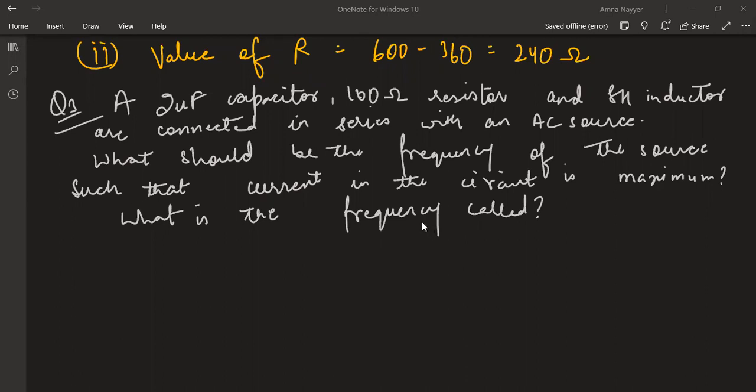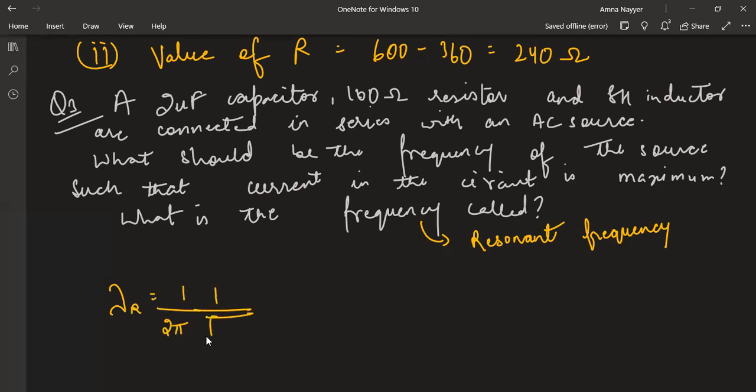The formula of resonant frequency is 1 by 2 pi under root LC.